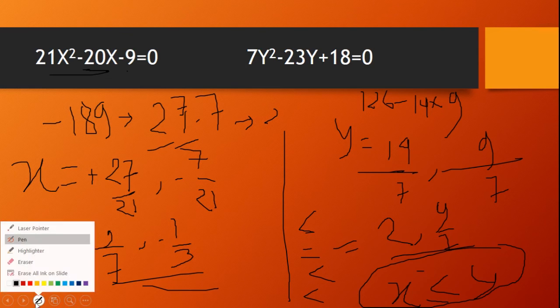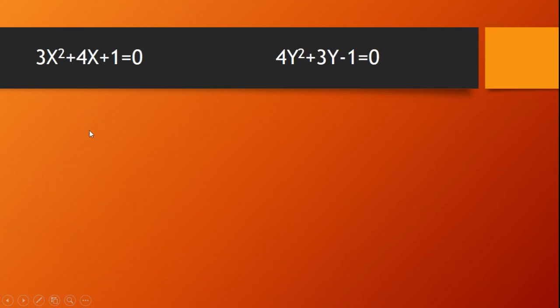Let's go to the last question. The last question is 3x square plus 4x plus 1 equal to 0. So 3 into 1 will be 3. So the roots will be 3 and 1, and since both signs are plus, the roots will be both negative.